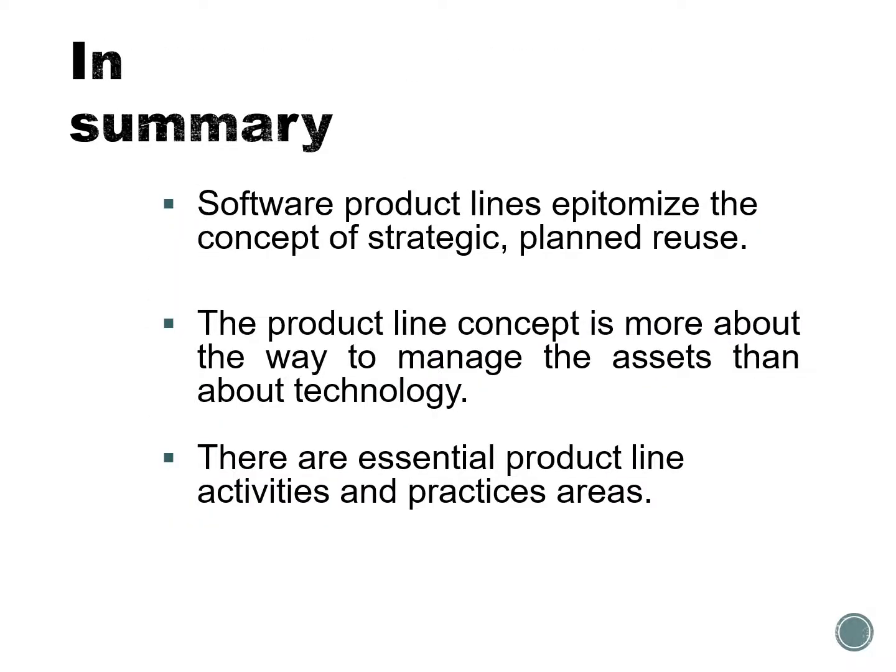So in summary, the software product lines epitomize the concept of strategic planned reuse. The product line concept is more about the way to manage the assets than about the technology. There's nothing really about technology or techniques or anything in that sense. It's about strategic asset management, asset reuse. But a bit of a similar idea as with configuration management.